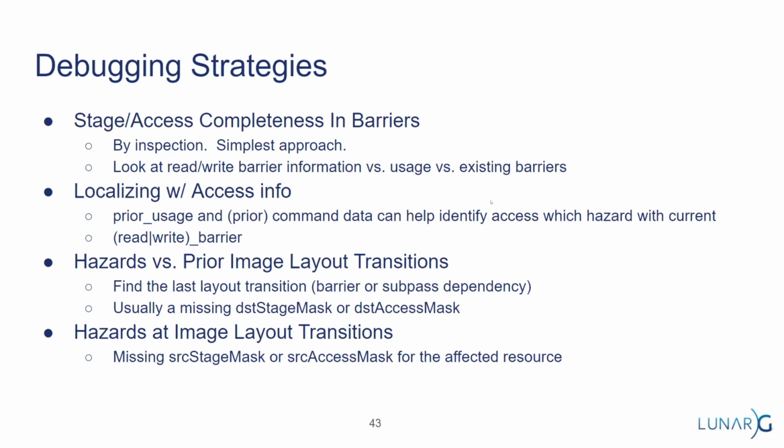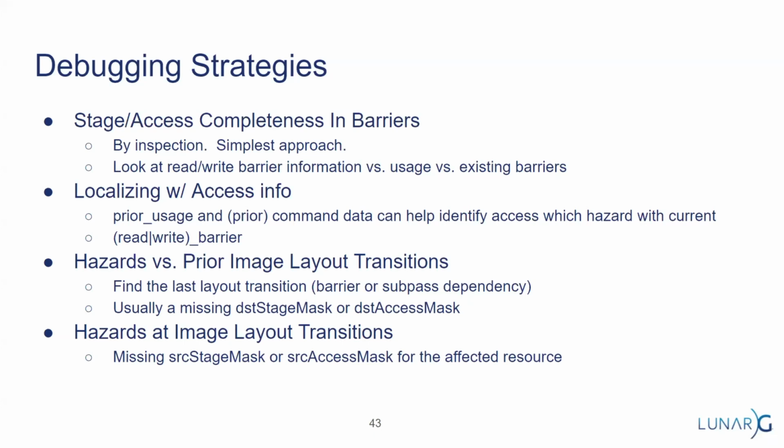So the first thing is just look at it. When you get an error message, look at what prior write barrier it thinks it had versus what hazard it got. And then go look at how you use that resource. And then of course, the access info will give you more information.